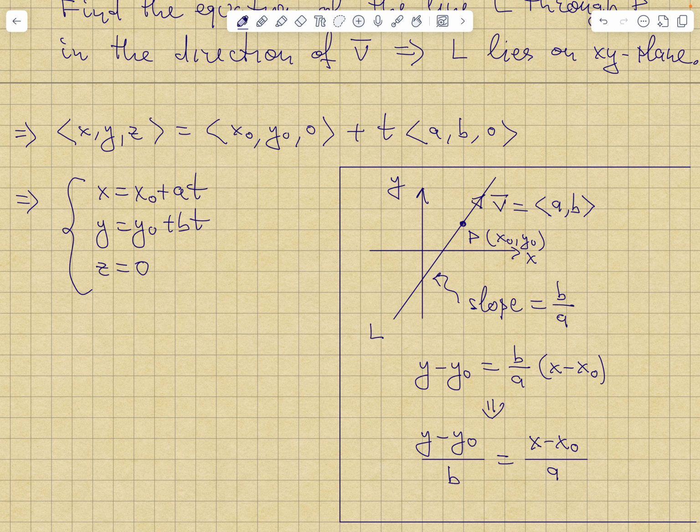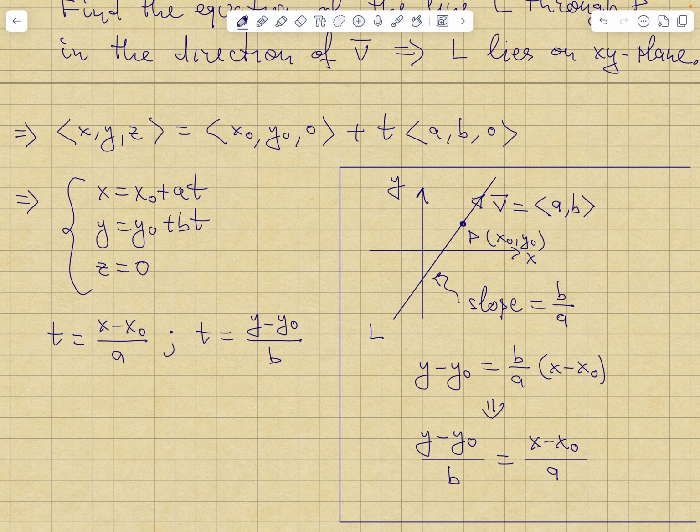So from the first equation, I get that t is x minus x0 over a. From the second equation, I get that t is y minus y0 over b. There is no t in the third equation.